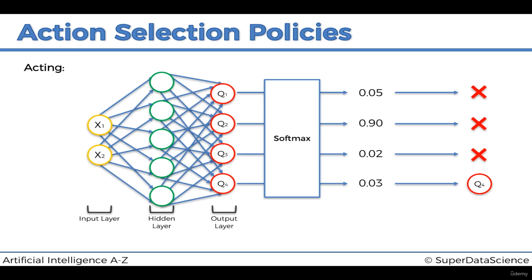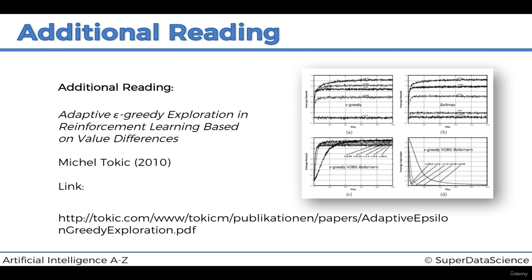And I've got an interesting reading for you. It's called Adaptive Epsilon Greedy Exploration in Reinforcement Learning Based on Value Differences. It's a 2010 article, and it's interesting because Michel Tokic introduces a different type of algorithm, an adjusted epsilon greedy algorithm, called the VDBE algorithm, or epsilon greedy VDBE algorithm.